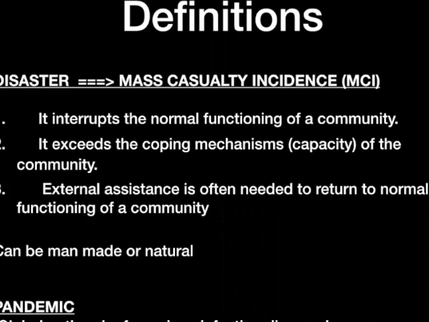So the usual natural disasters, such as an earthquake, will result in a large number of trauma patients, which will require trauma management, including airway management, breathing support, circulatory intervention, and wound care.